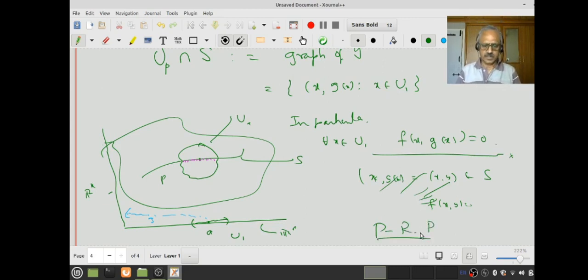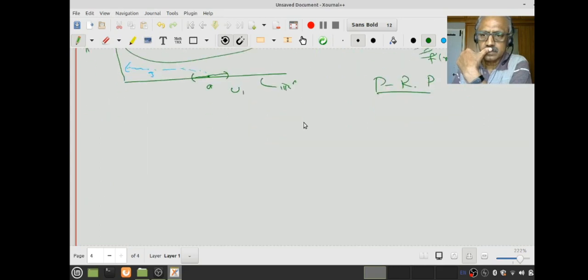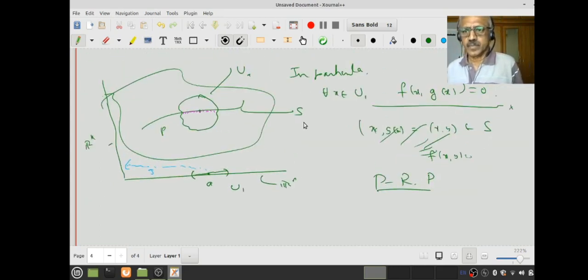Understanding the statement is more difficult and utmost important, because the proof is, in my opinion, easy. In textbooks you only see: for x in U1, in a neighborhood of a, f(x, G(x)) is 0.